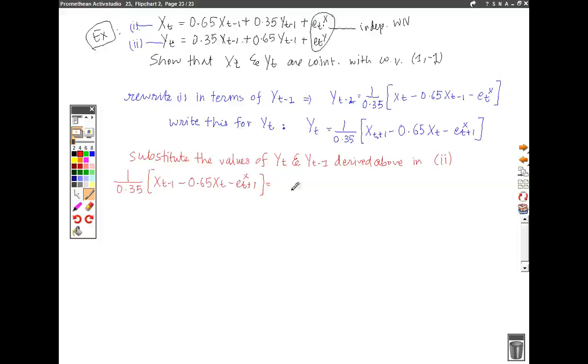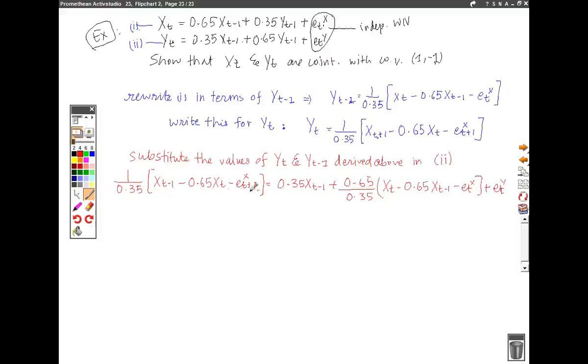Now 0.35 xt minus 1 will be as it is. And again, here I'll substitute my value for yt minus 1. And the other term for yt as it is. So this will be the expression that I have.